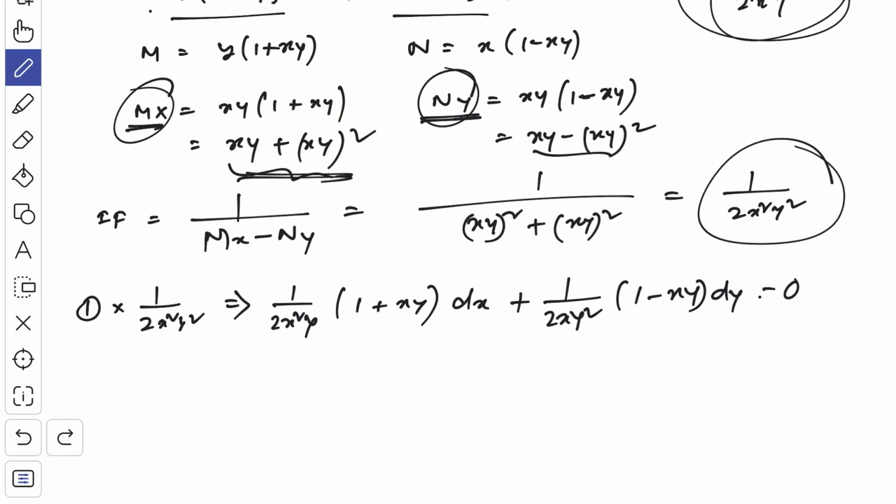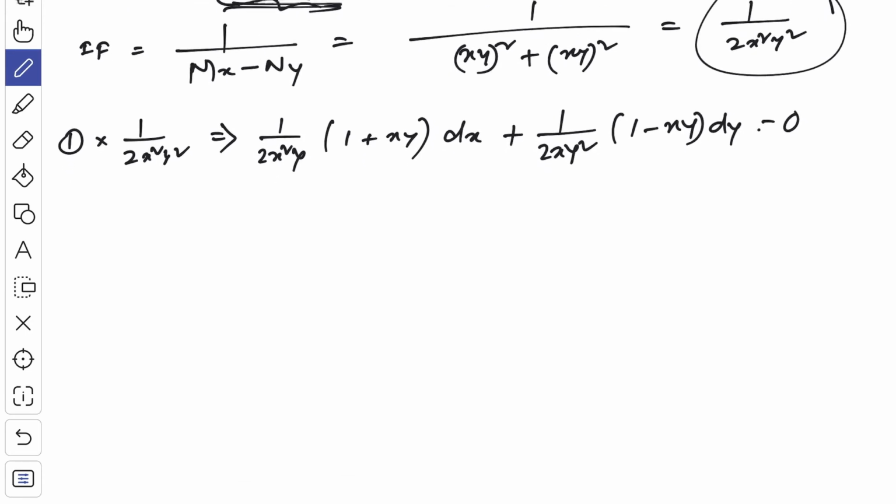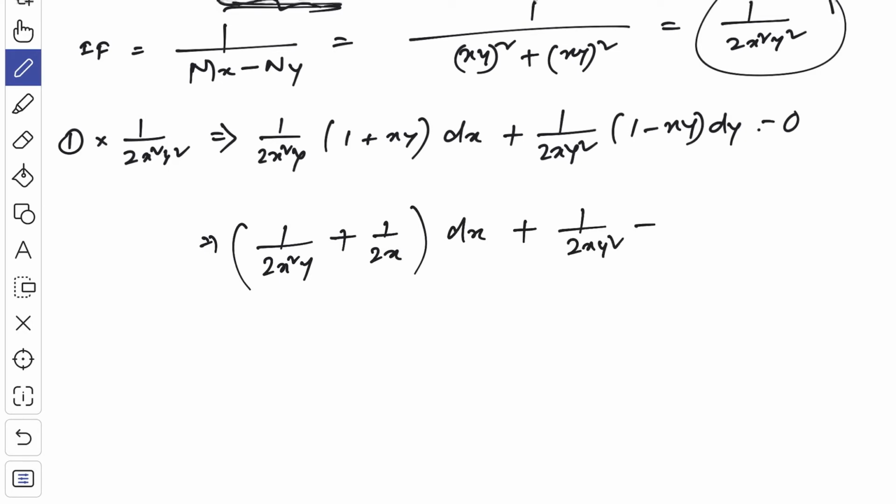Now from here, if you simplify this equation, we get 1 by (2x square y) plus 1 by 2x dx, then here 1 by (2x y square) minus 1 by 2y into dy is equal to 0.